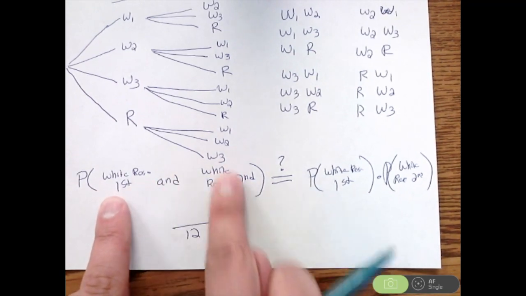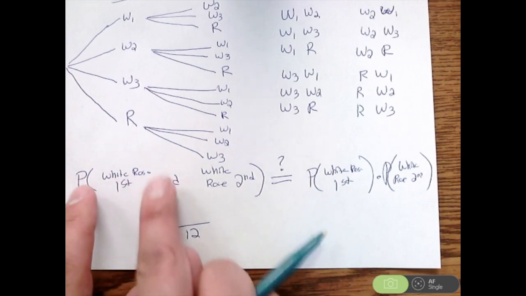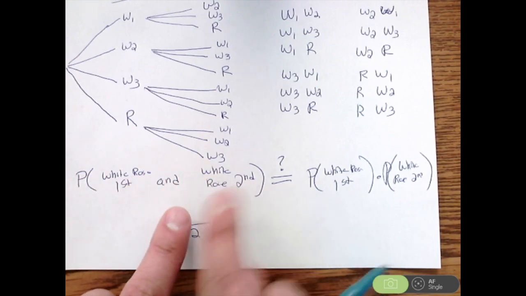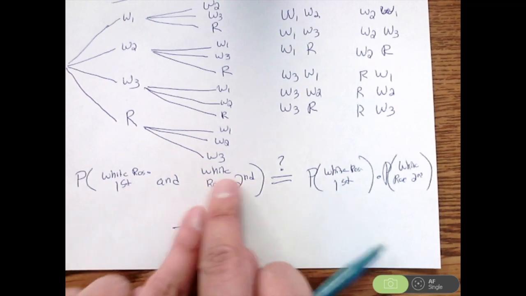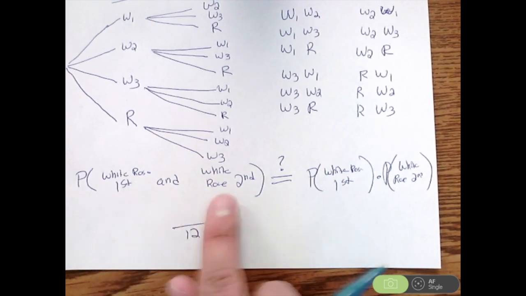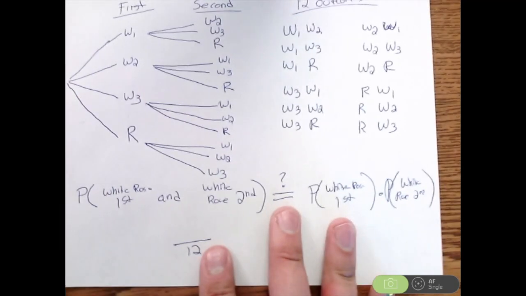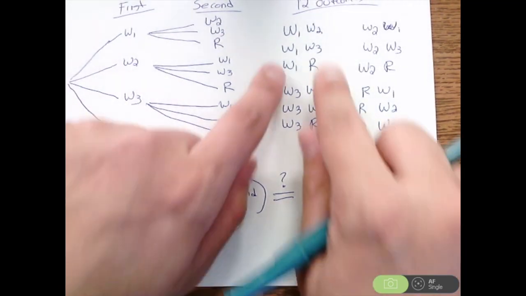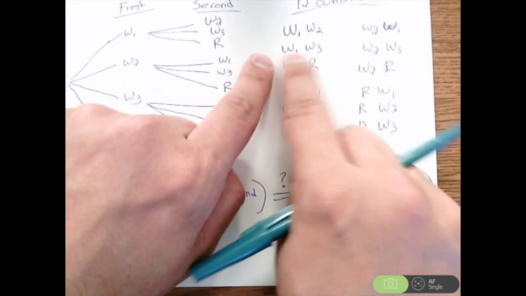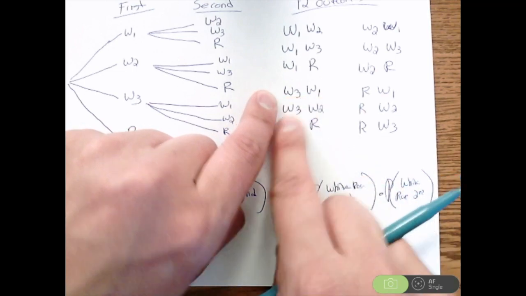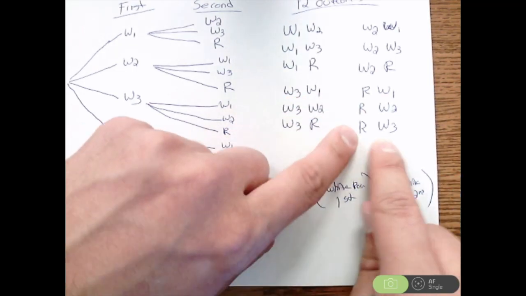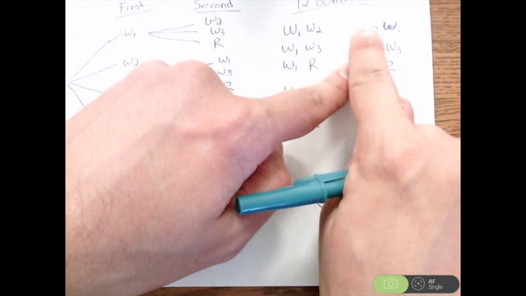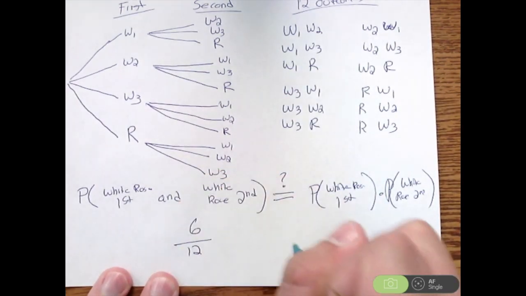That doesn't mean W1, W2. It just means any white rose first and any white rose second. So let's count: 1, 2, 3, 4, 5, 6 times out of 12.